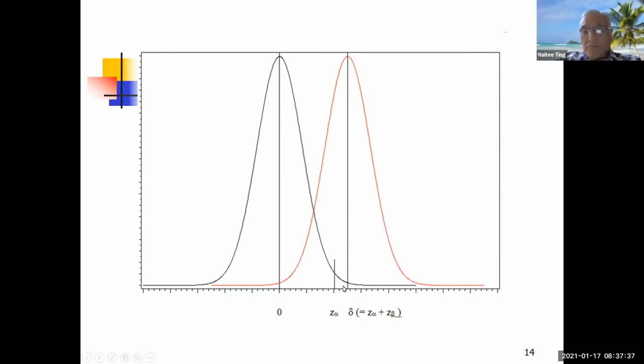You reject the null. You're making the right decision because the drug really works. Now, what if you observe something on this side, but the drug really works under the alternative, and then you accept the null? Then you're making a type 2 error. It's a false negative because the drug really works, but the data tells you the drug does not work. You accept the null, but in fact, the alternative is true.